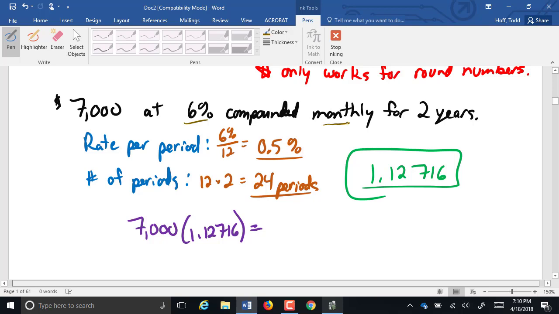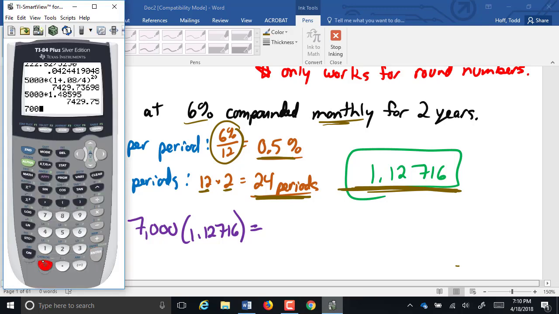So 6% compounded monthly, our rate per period is 6 divided by 12, or 0.5%. Our number of periods monthly for 2 years, 12 times 2, or 24 periods. So out of the table, you look in the 0.5% column, you go down to 24, you get 1.12716.